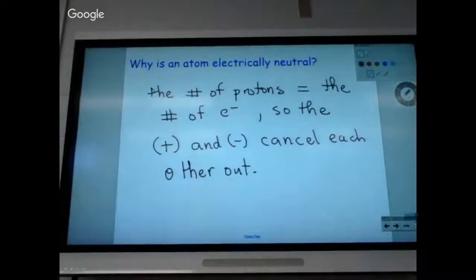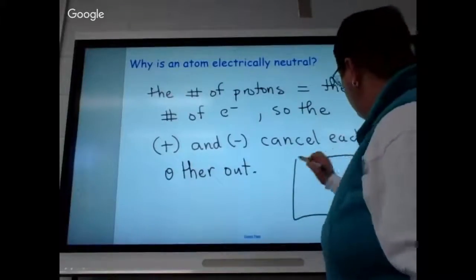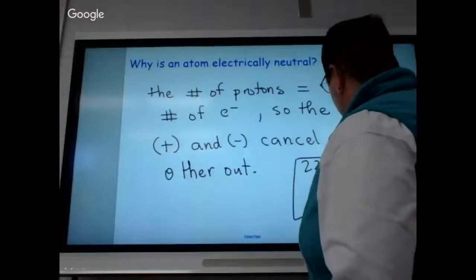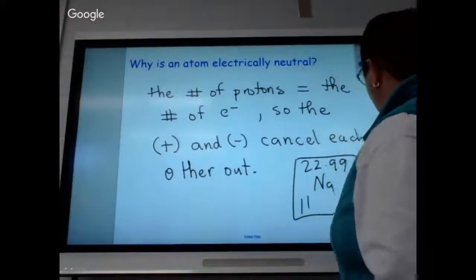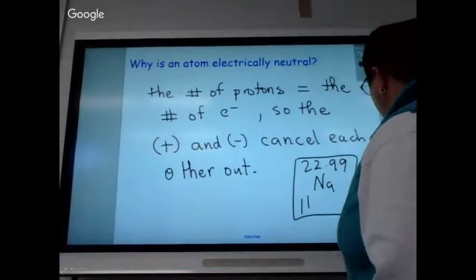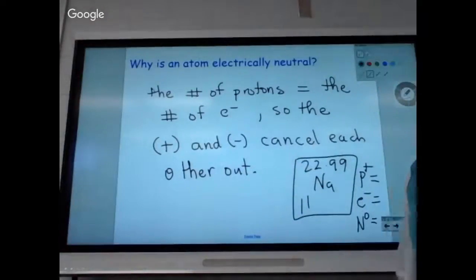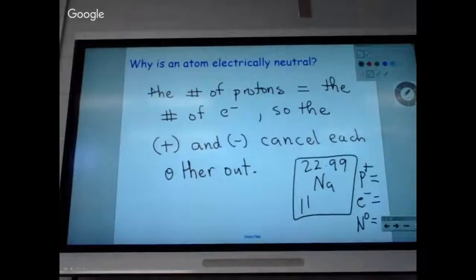Y'all don't remember taking something like Na with a 22.99 and an 11 and figuring out how many protons, electrons, and neutrons you had? I'm not asking you if you remember how to do it, but you remember doing it. Okay, that's at least something.